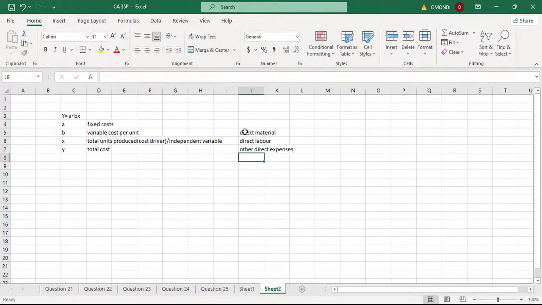We also add variable costs which were not related to manufacturing. So those are some of the variable costs which we also have to understand.